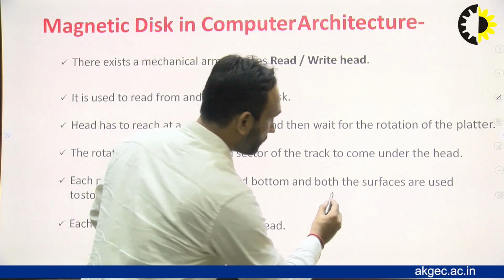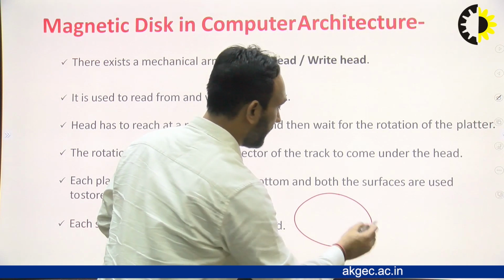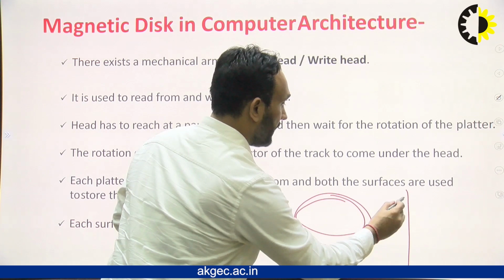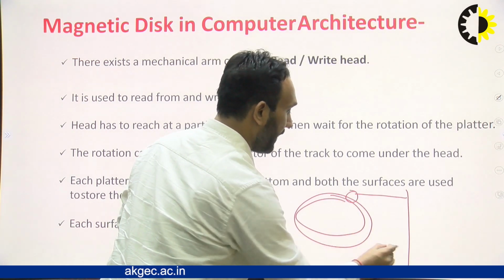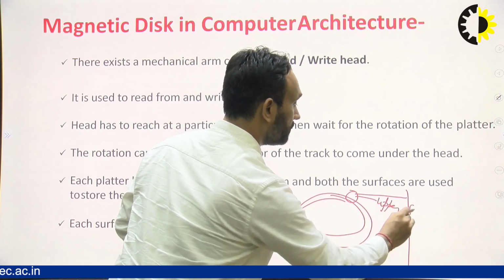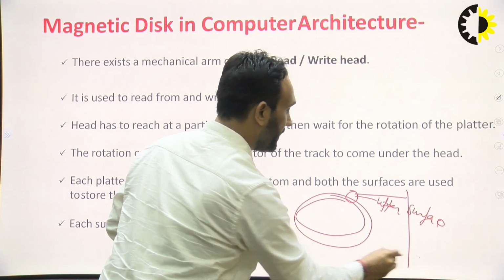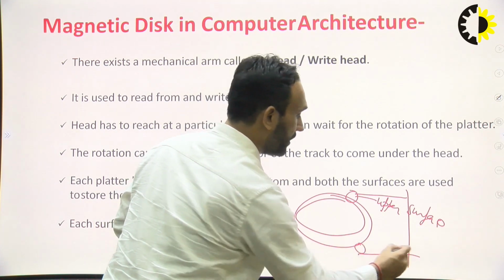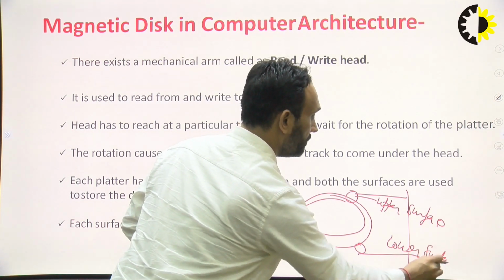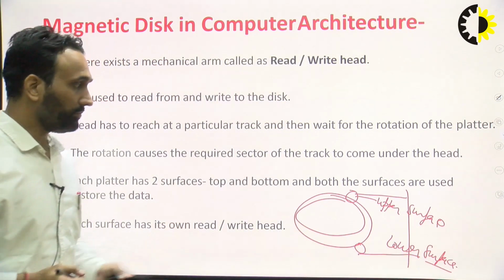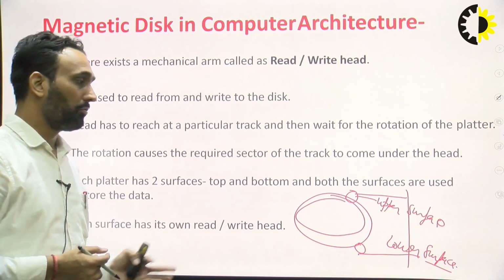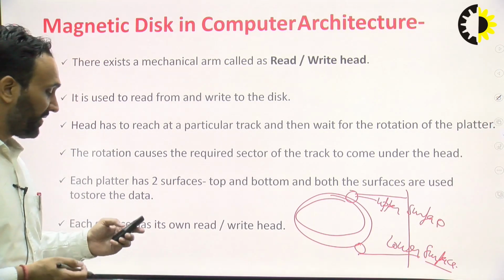Over the magnetic disk plate there is a reading head for the upper surface. Likewise, there is another reading head for the lower surface. This process is done to read and write, or fetch and write, the data over the magnetic disk.